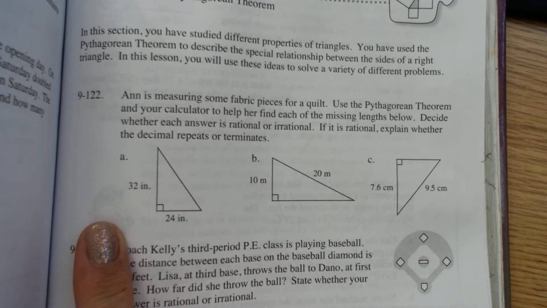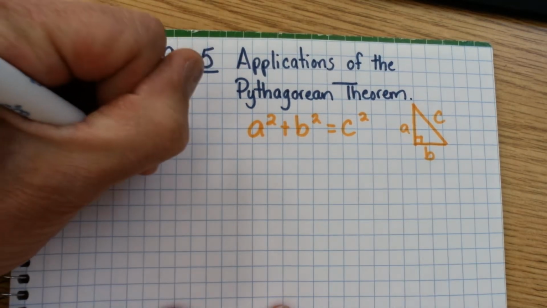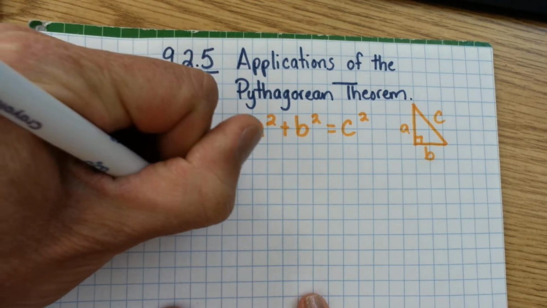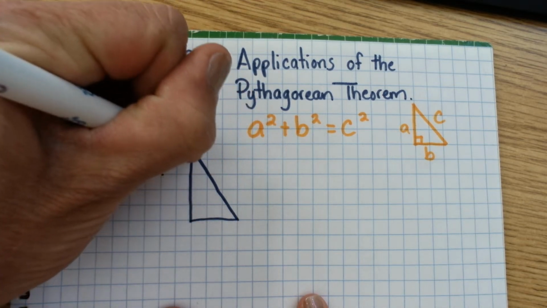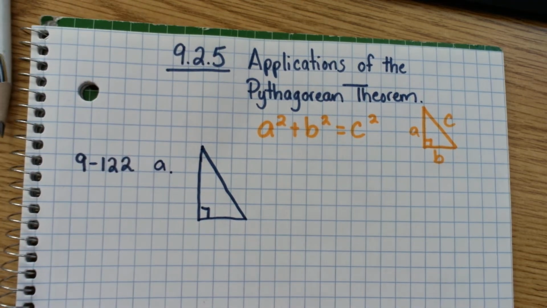So we have a few different things that we need to do. Let's start with the first one, which is part A. We have a right triangle. I always think it's a good idea to sketch and label what you know about the triangle. We know it's a right triangle.